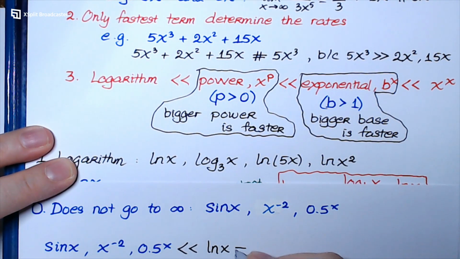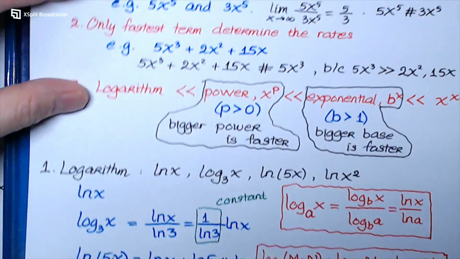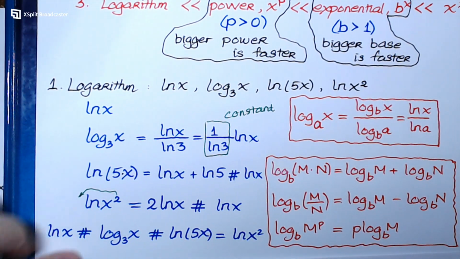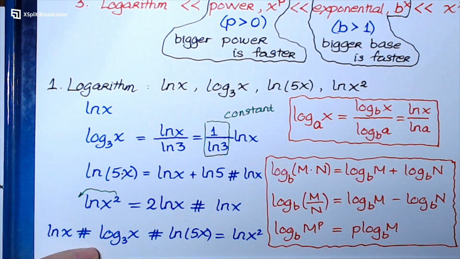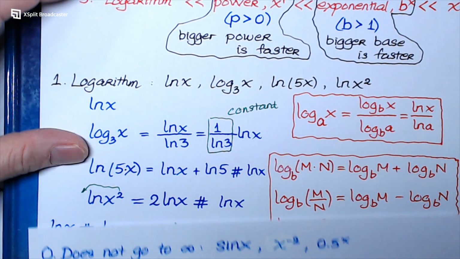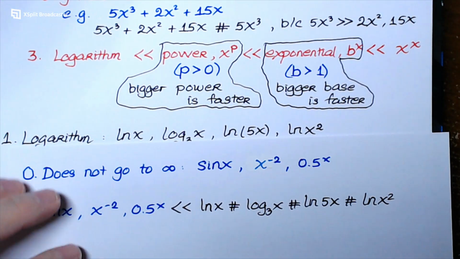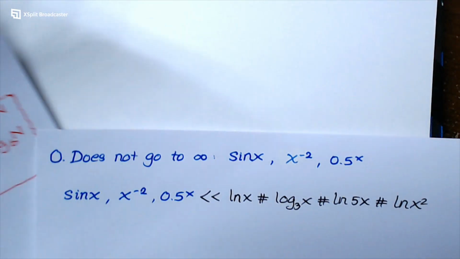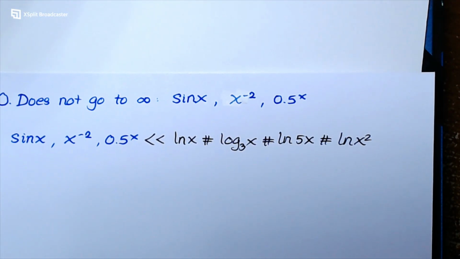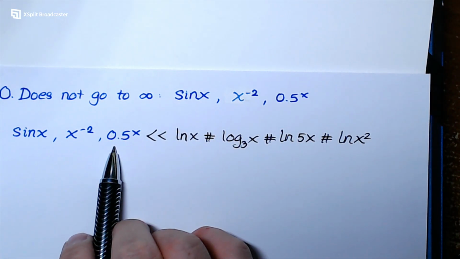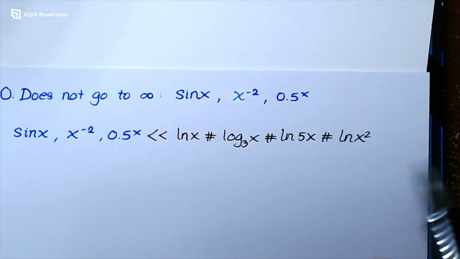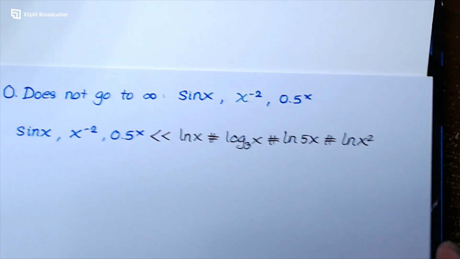All the logs actually have a comparable rate. Log base 3 of x, ln of 5x, and ln of x squared. All of that have comparable rates. The logs are the slowest among those that go to infinity.